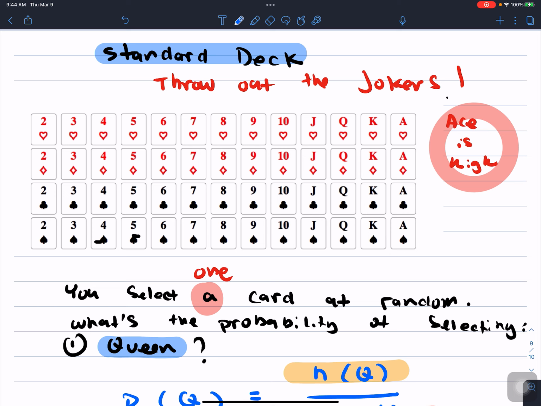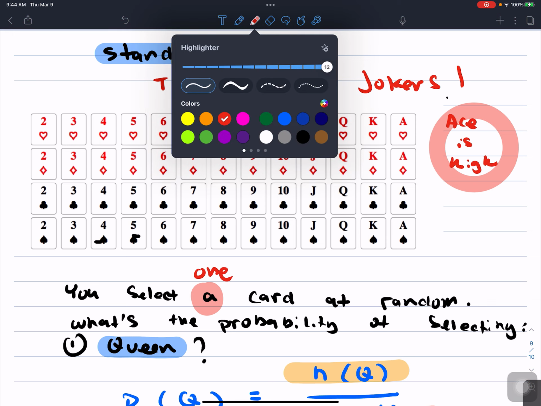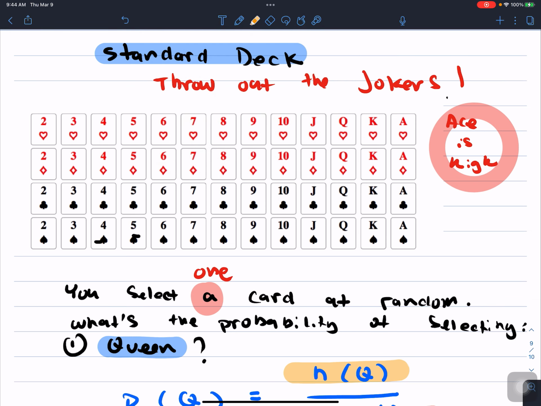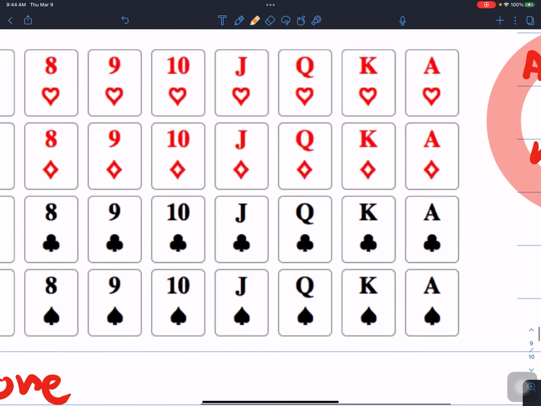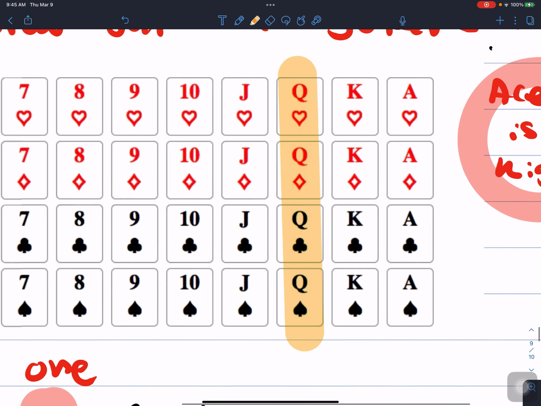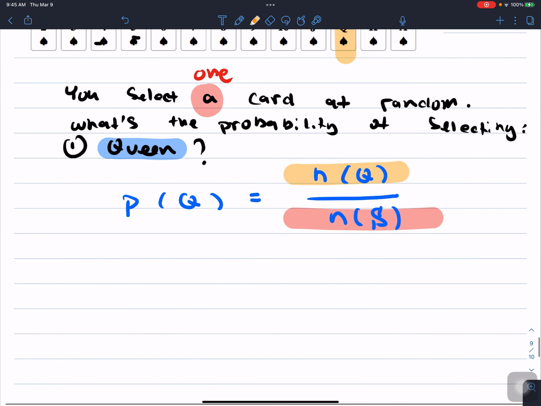How many queens are in a standard deck? Well, which cards are the queens? Take a guess. The ones that have what? The Q? Is that true? How many queens are in a deck? 4. Okay, good. So that's going to be 4 out of 52.